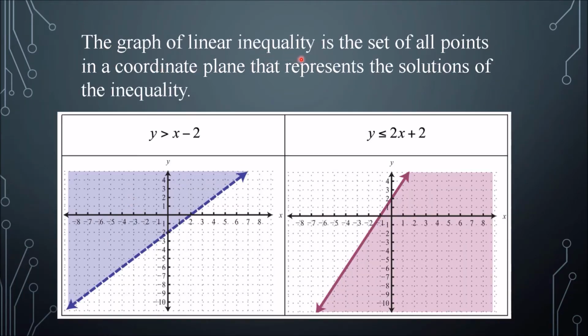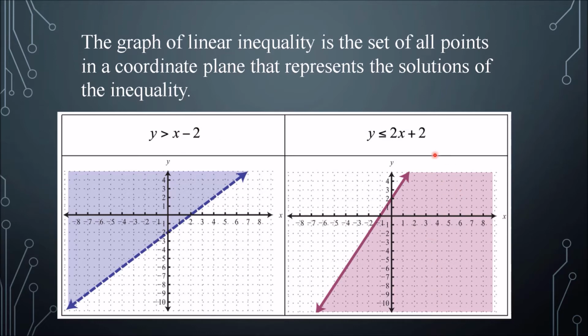The graph of a linear inequality is the set of all points in a coordinate plane that represents the solutions of the inequality. So meaning to say, in this example, y is greater than x minus 2, so the graph is this. This part is the solution set of this inequality, meaning all the points here will satisfy this inequality.